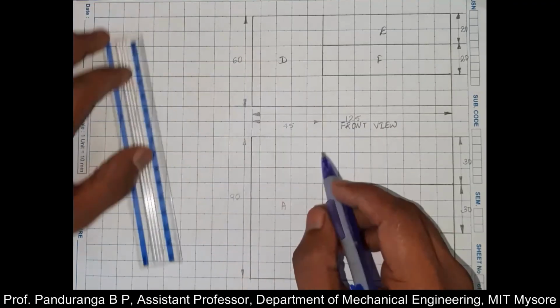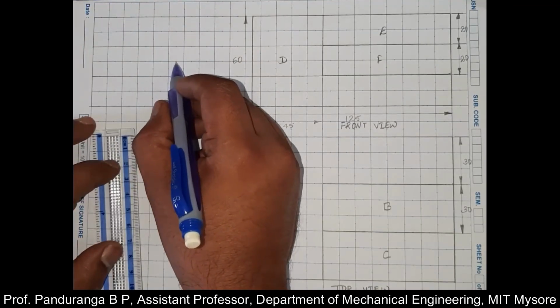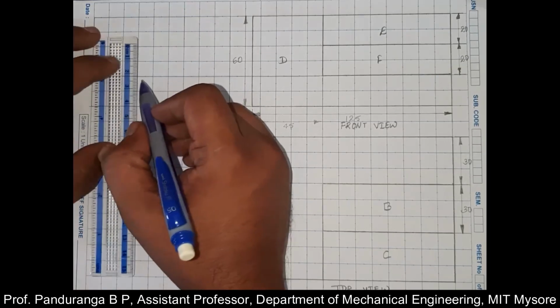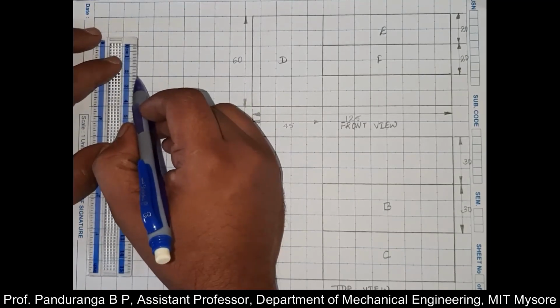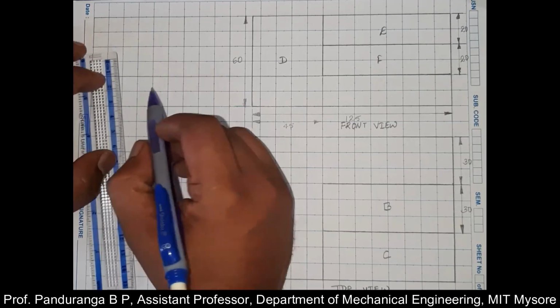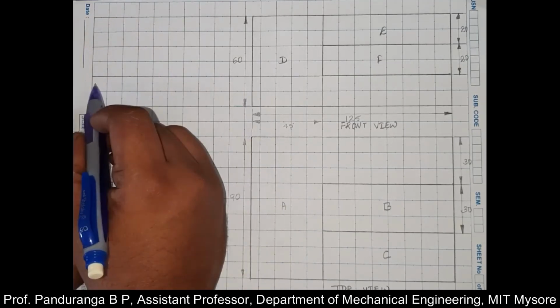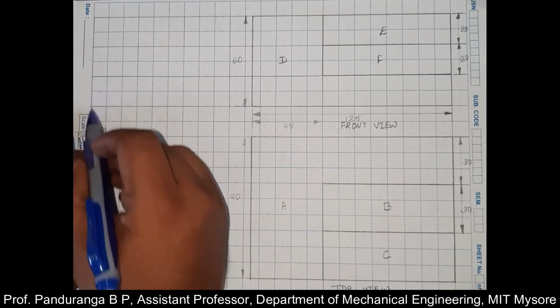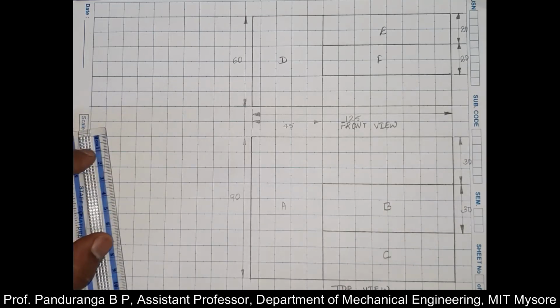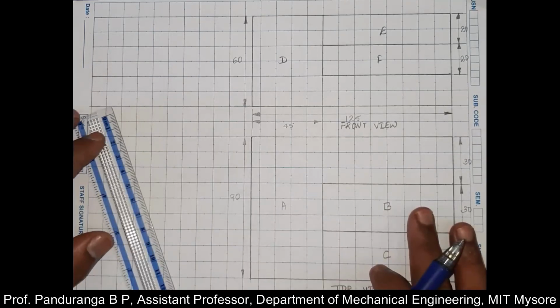So I'll draw a thin line, then I'll measure again 3 boxes, 1, 2, 3. Here I'll draw one more construction line and we need to move horizontally by 3 boxes, so that comes to the end of the diagram. So now we have drawn the side view.